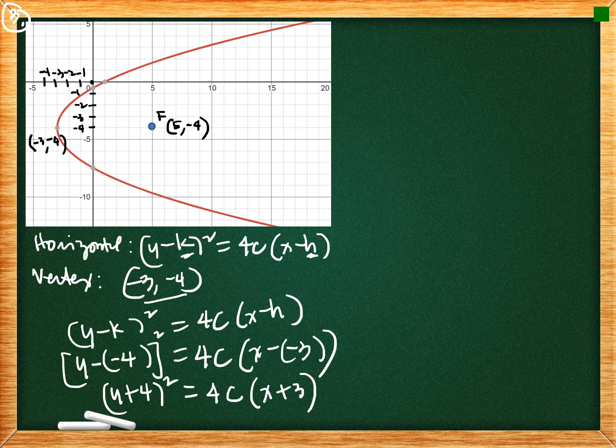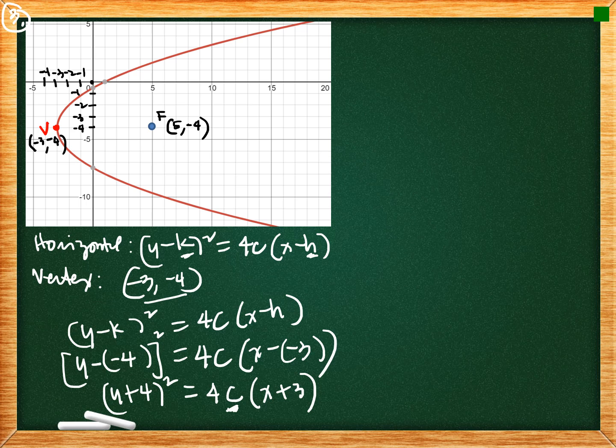So our remaining problem now is finding the value of c. And we know that c is the directed distance from the vertex to the focus. So let's try to look at it. Okay, let's use another ink, the red one. From the vertex, this is our vertex, to the focus, let's count.